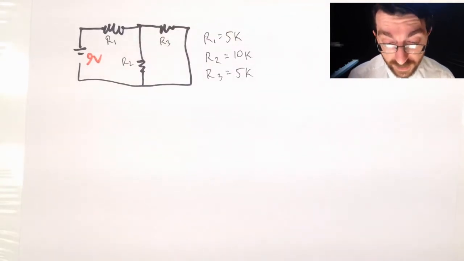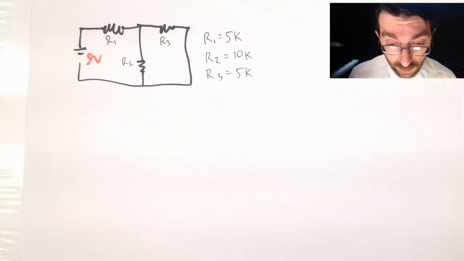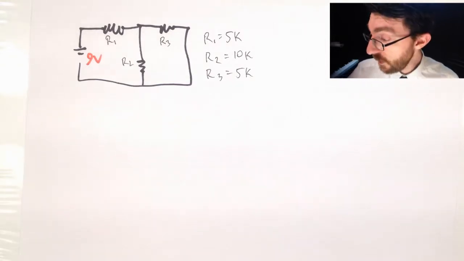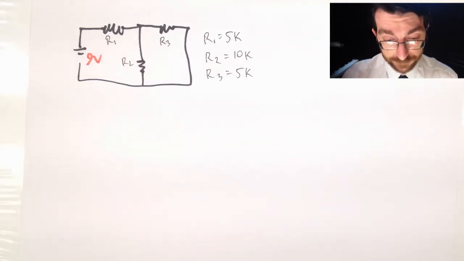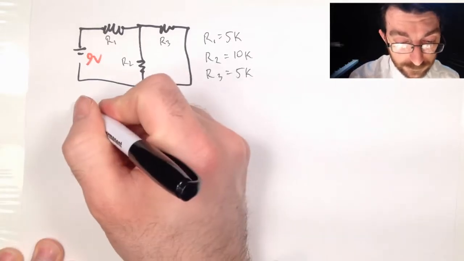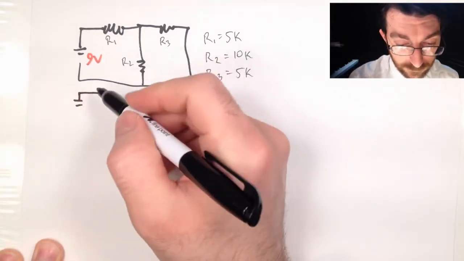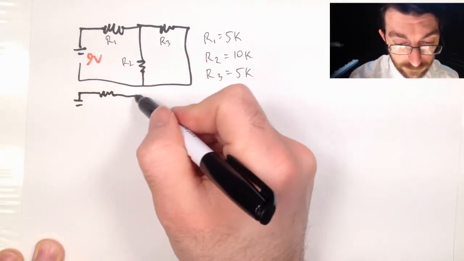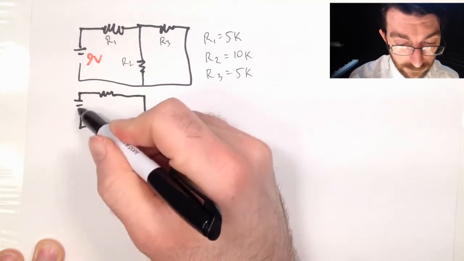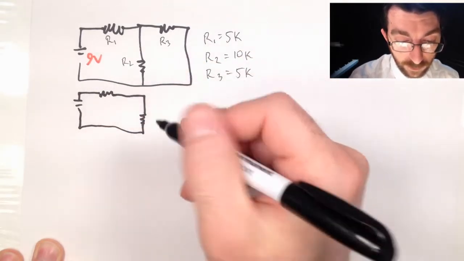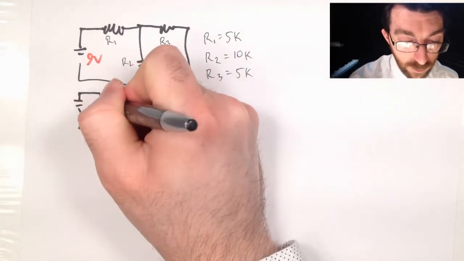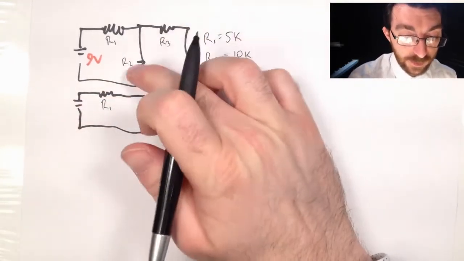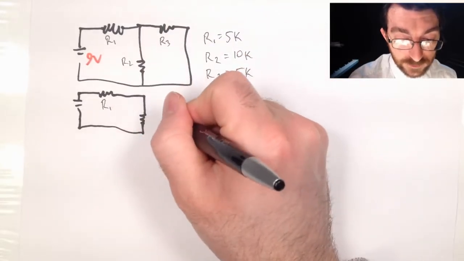Which means that this can be redrawn like this, where this is R1, and then this is the combination of those two, which we would get like this.